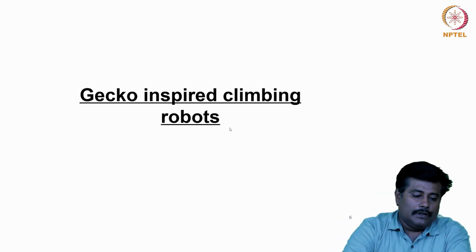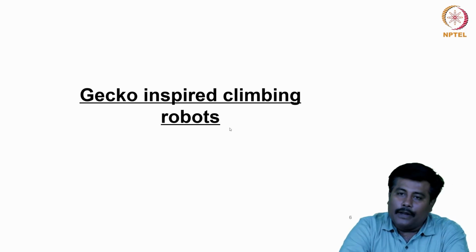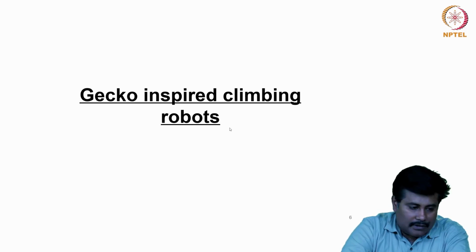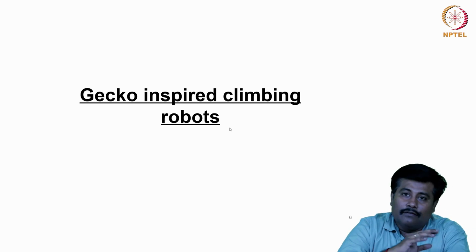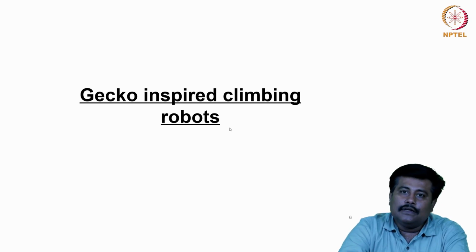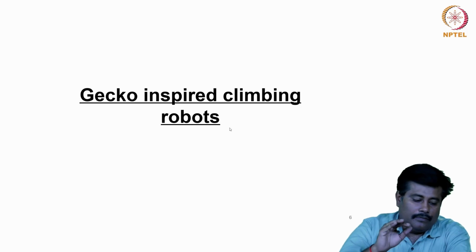In fact, they have drawn different mechanisms from the Gecko and implemented them in different robotic systems for different applications. Many applications call for robots to perform tasks in workspaces where a traditional vehicle cannot reach. Using a robot can afford better human safety as well as low-cost operation.